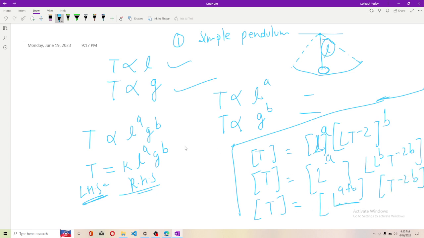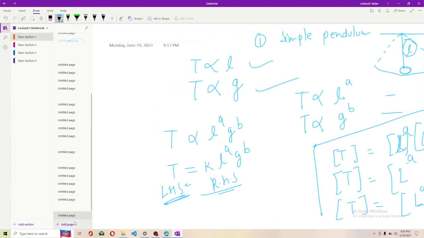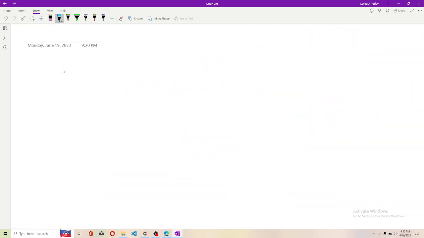Now we can use the equality method: dimensions of T equal L raised to A plus B and T raised to minus 2B.